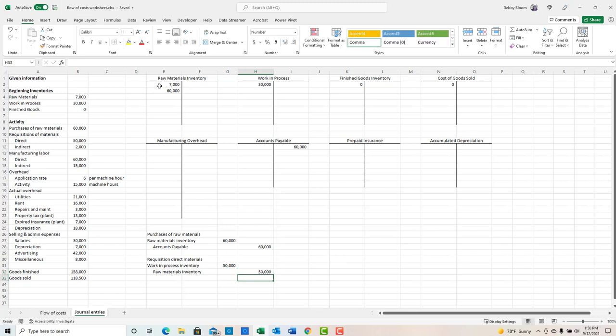So I'm going to post that one. We debit our work in process inventory for 50,000 and credit raw materials inventory for 50,000.